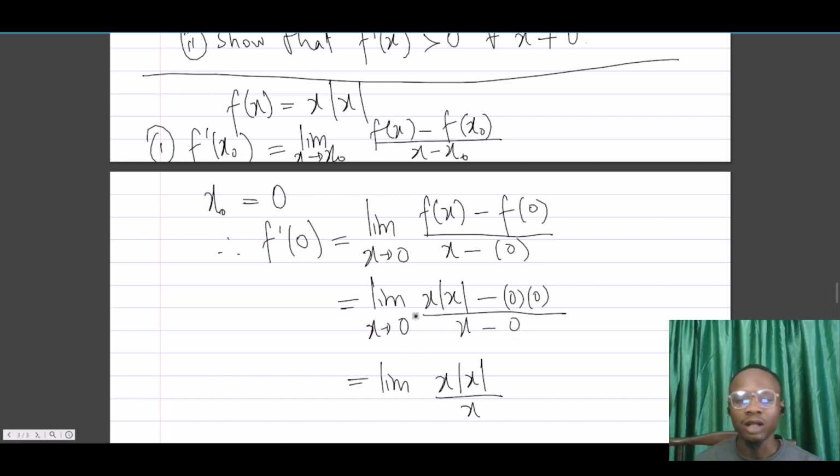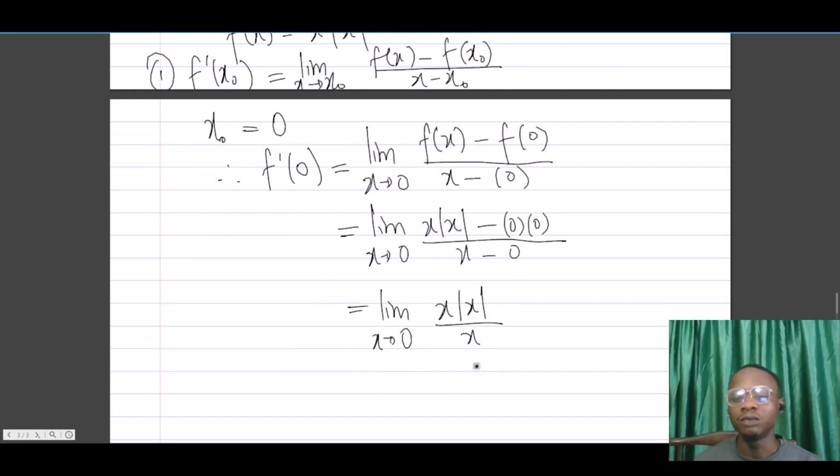What we have left is x multiplied by the modulus of x divided by x as x approaches 0. At the end of the day, we can see that this clearly cancels this. So what we have here is the limit as x approaches 0 of the modulus of x.